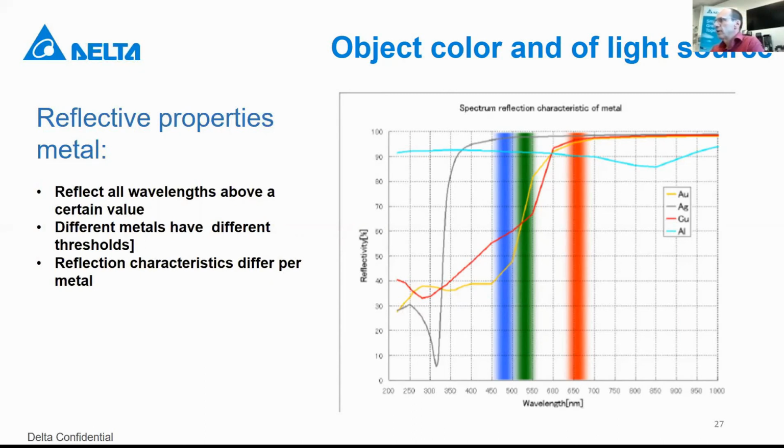For example, if you have aluminium, it is more straight. You can use all colors to detect. But if you have gold, then you can better use the red light for detection. Most of the time, red light is the best what you can use for all the materials.